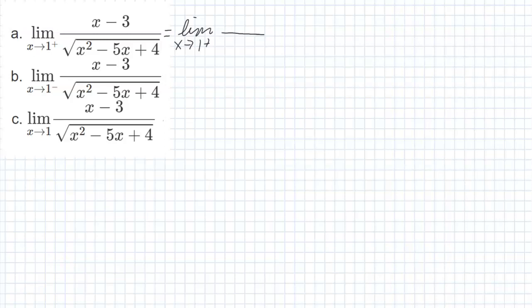And instead of writing it as a polynomial on the denominator there, I'm going to go ahead and factor that. And when we factor that, that will be x minus 1, x minus 4. So think of a number that is close to 1, and it is to the right of 1, so it's just a little bit bigger than 1.